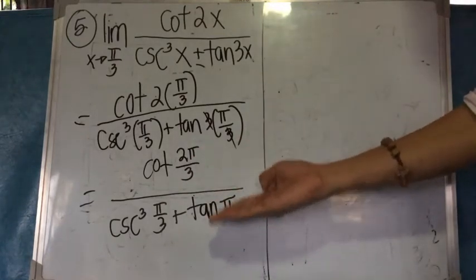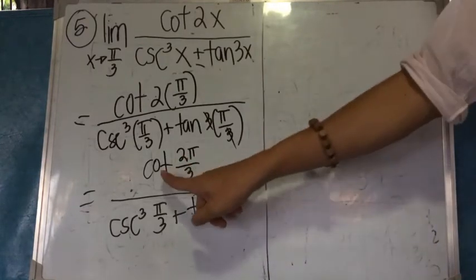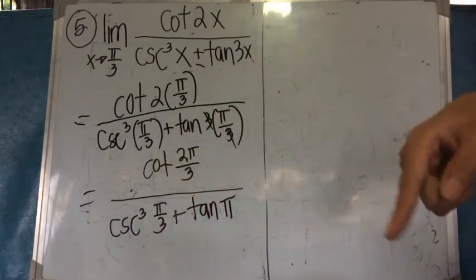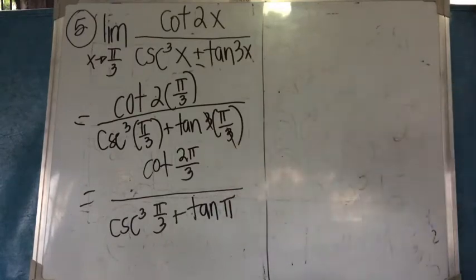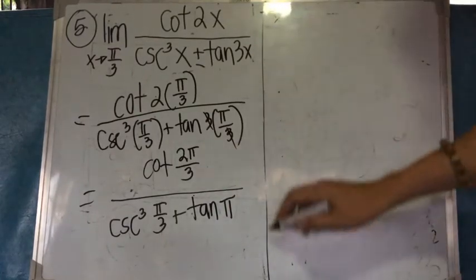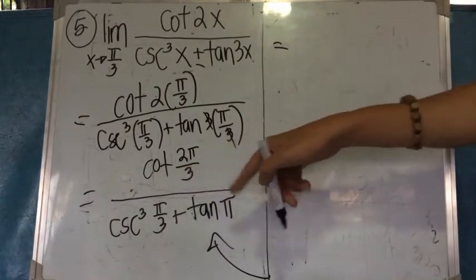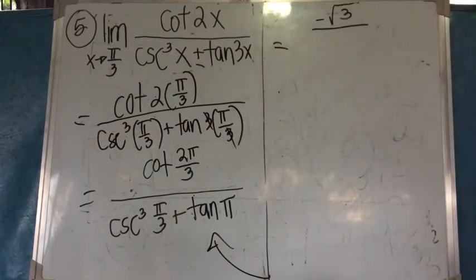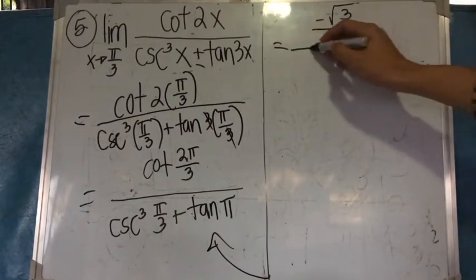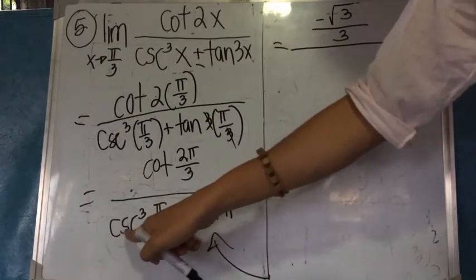Again, after you simplified everything, you go back to your trigonometric table of values. Based on your table of values, cotangent 2 pi over 3 is equivalent to negative square root of 3 over 3, all over, what is the value of your cosecant pi over 3?